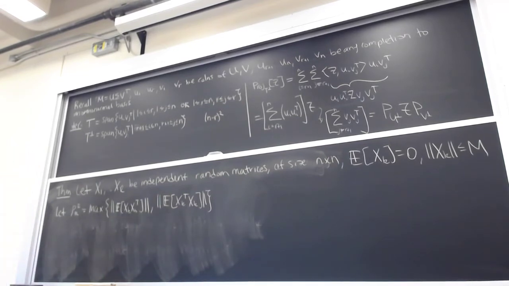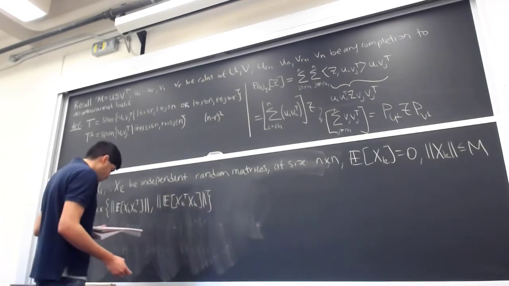These xk's are not necessarily symmetric matrices, so these are not necessarily the same quantity. That definitely shows up when you talk about an n1 by n2 matrix, where you have no hope that these two are the same thing, because they would have different dimensions to begin with. So you define the variance as the max of these two. In the scalar setting, you have no complication, because these would be the same quantity.